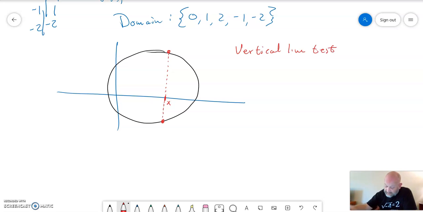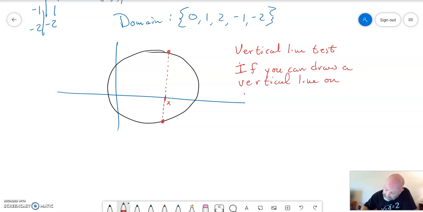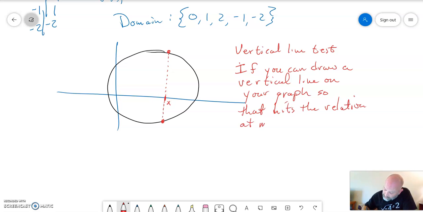And the vertical line test is basically, if you can draw a vertical line on your graph so that it hits the relation at more than one point, then it is not a function.